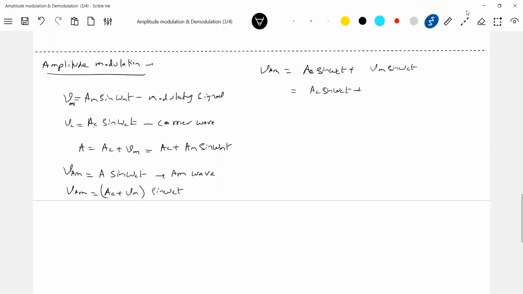What is Vm from the first equation? It should be sine omega. AC is missing here. AC AM sine omega t.